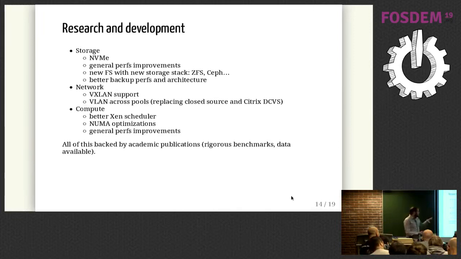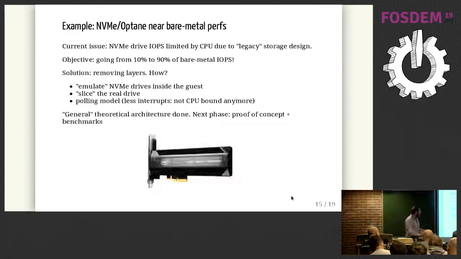It's a lot of different stuff, but to give you a quick example of one field that we are working on this year, it is to improve support for NVMe drives, Optane drives. If you don't know those drives, those are 3D XPoint memory from Intel, which is really fast, with a lot of IOPS.